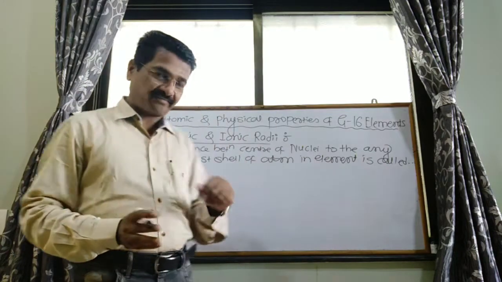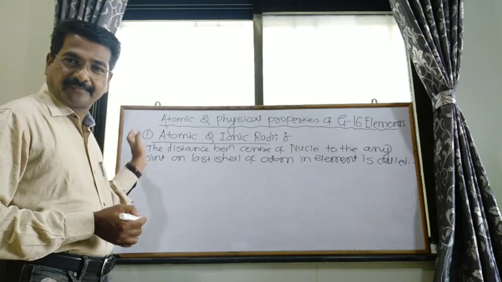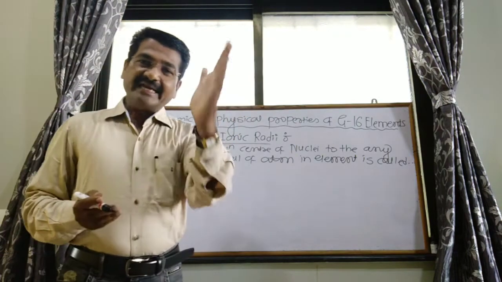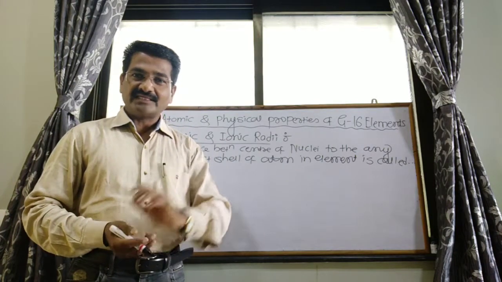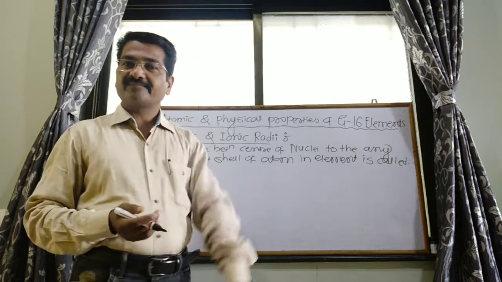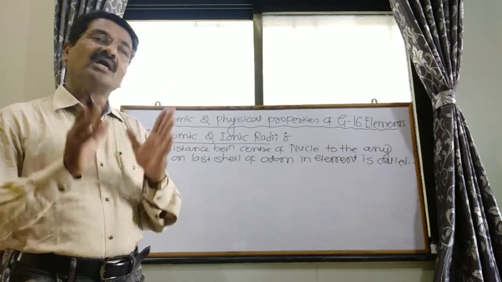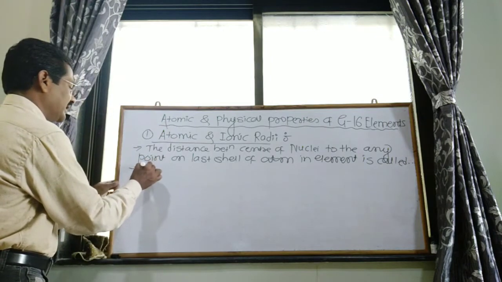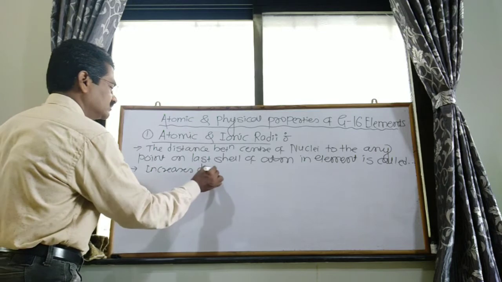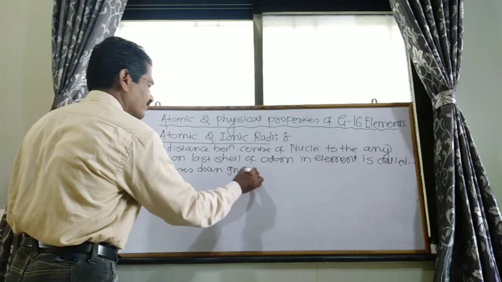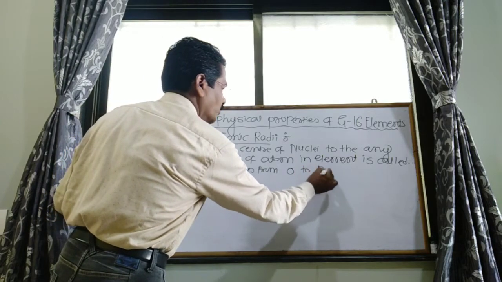Then what is the trend? Atomic radius of G16 elements. The atomic radii of G16 elements increase down the group, from oxygen to polonium.